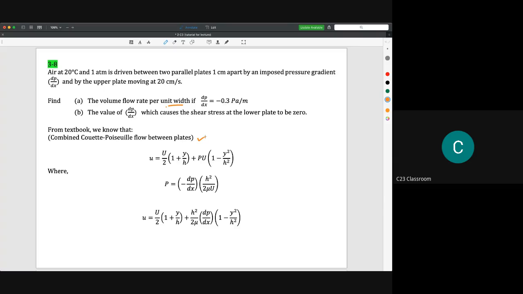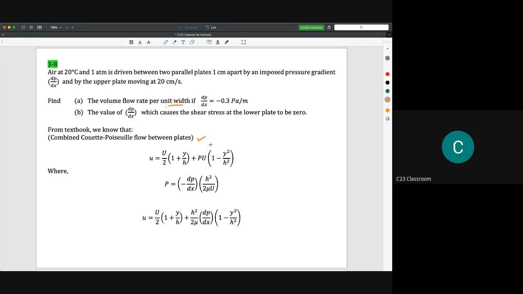However, if the conduit or pipe is rectangular in shape, you could do it in a closed system, and then one of the plates could be moving at a certain velocity. So now you are combining the Couette flow and the Poiseuille flow.